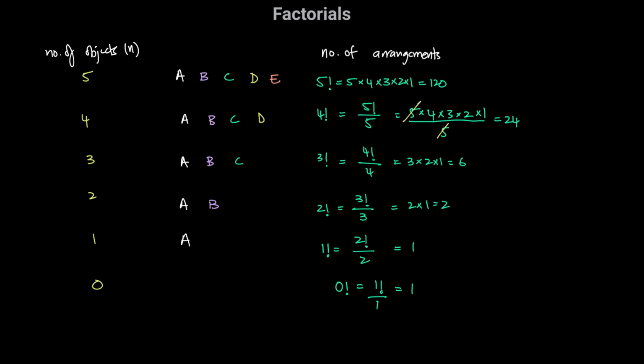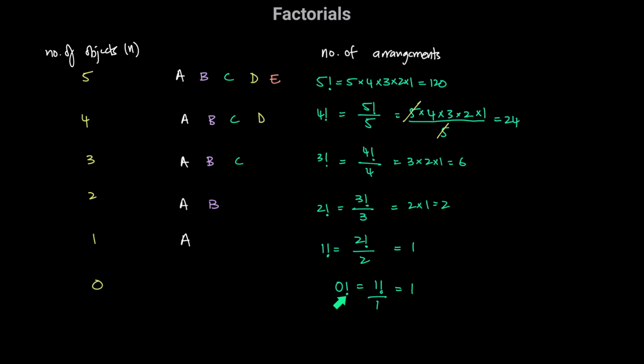There's only one way to arrange one object, and that's 1 factorial, which is 2 factorial divided by 2, and that's equal to 1. Now, if we follow this pattern, we see 4 factorial is 5 factorial divided by 5, 3 factorial is 4 factorial divided by 4, and so on. Well, we can say that 0 factorial over here is 1 factorial divided by 1, which is equal to 1.